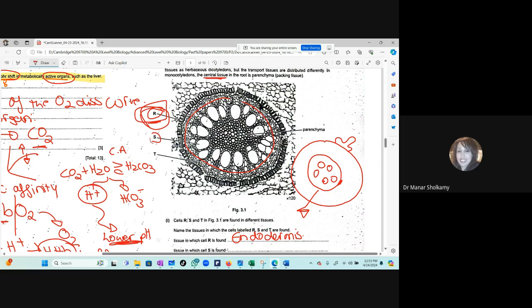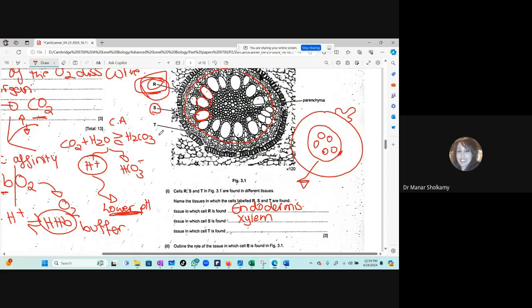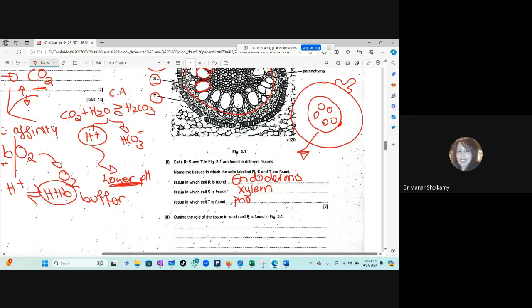What is S? This big tissue, what is it? Xylem or phloem? Xylem. And it is surrounded by the smaller T. What is T? Phloem. Again, this is a tricky picture because this is a monocot, not a dicot.